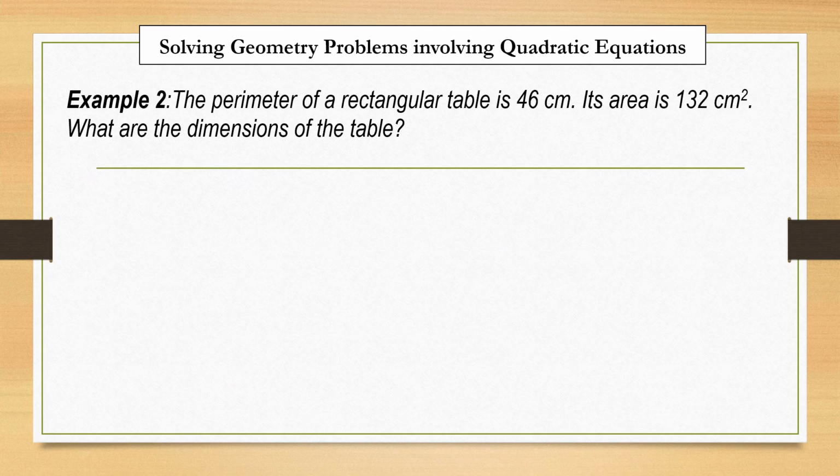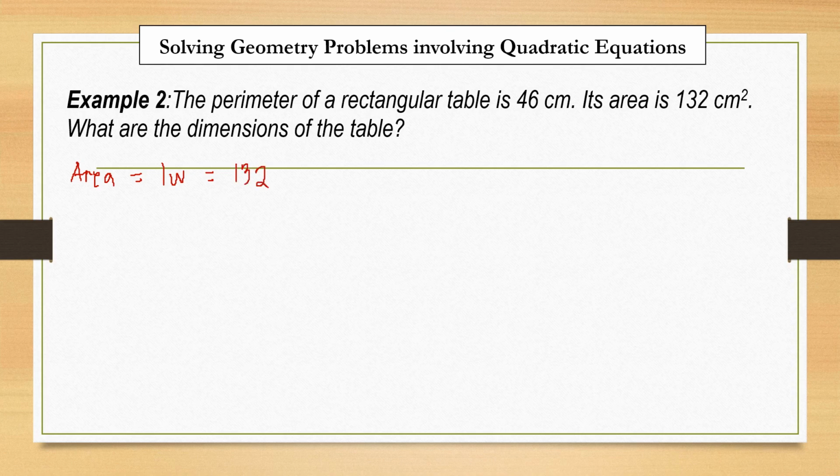Let's have another example. The perimeter of a rectangular table is 46 centimeters. Its area is 132 square centimeters. What are the dimensions of the table? So we know that the product of the length and the width of the rectangular garden represents its area, and that is equal to 132.